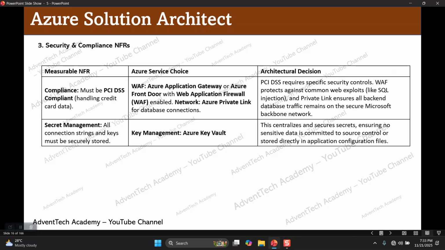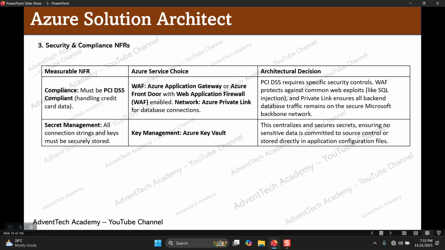Security and compliance NFR. If you want to implement a compliance standard like PCI DSS, then we should go for WAF, Web Application Firewall, Azure Application Gateway or Azure Front Door with web application firewall enabled.